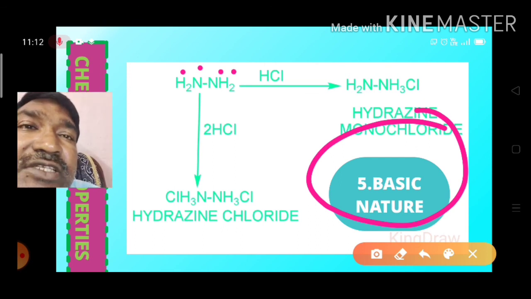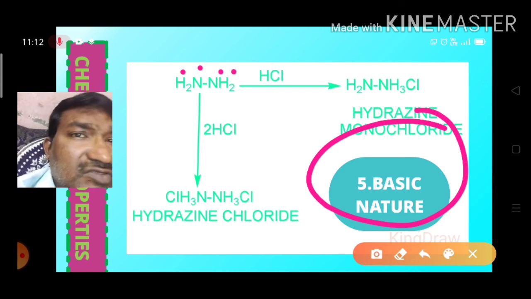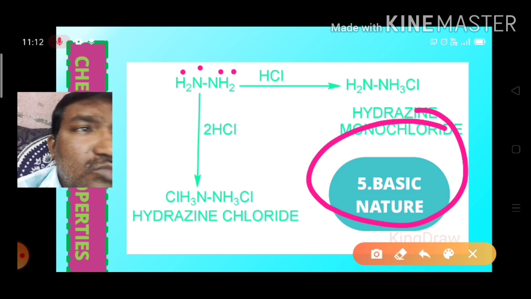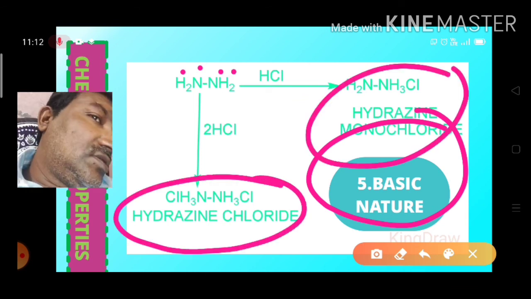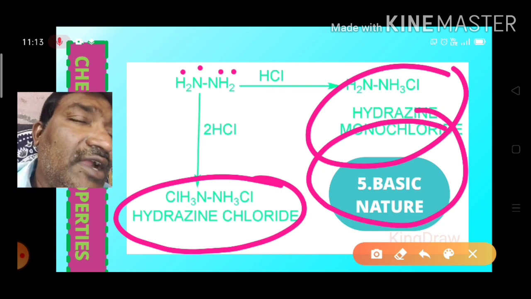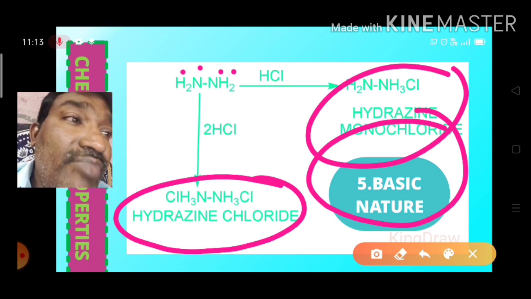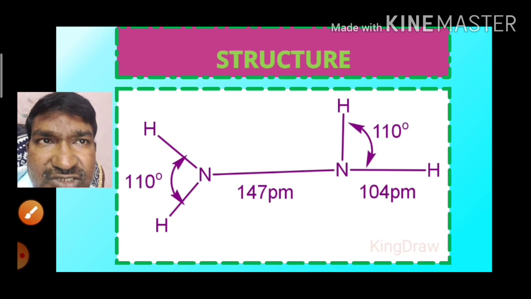So here hydrazine reacts with HCl. For example, in this reaction, hydrazine reacts with HCl and forms hydrazine monochloride as well as hydrazine dichloride. So due to the presence of the electron pair on the nitrogen atoms, hydrazine acts as a Lewis base.